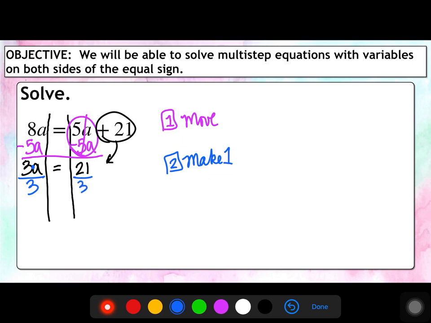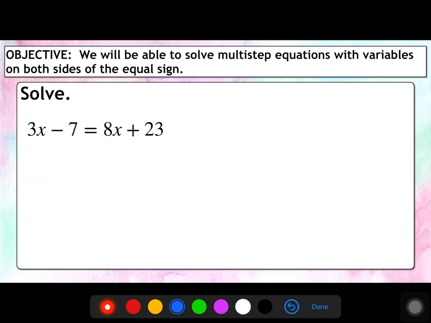I'm going to do that by, if that's multiply, I'm going to divide both sides by 3. And a equals 21 divided by 3 is 7. So I hope you guys got that one right. So you may not have to do all the steps. Just do the ones that are necessary to get the variable by itself.